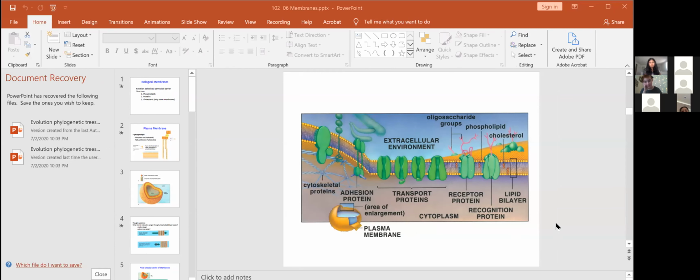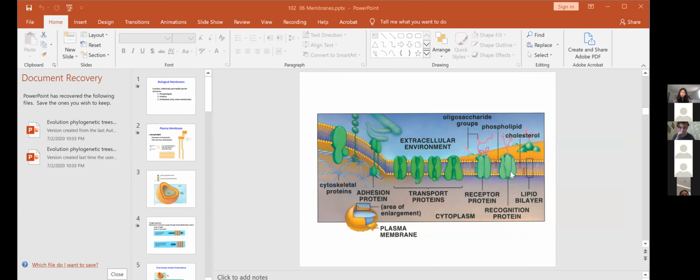Okay, so receptor proteins and recognition proteins are very similar in their structure in that they have oligosaccharides typically that point to the exterior of the cell. But receptor proteins receive signals, and recognition proteins recognize other cells.